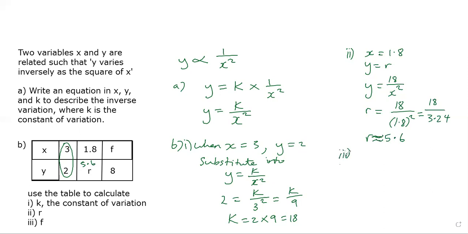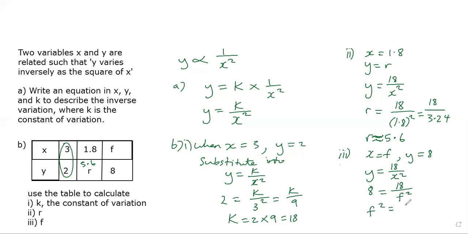We have to find f now. So we have x is equal to f and y is equal to 8. We use our equation. Our equation is y is equal to 18 over x squared. And we want to substitute, so 8 is equal to 18 over f squared.